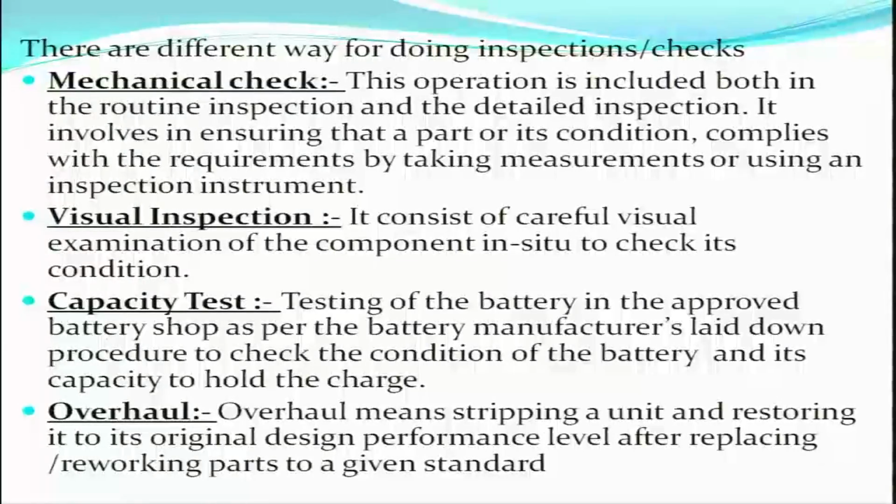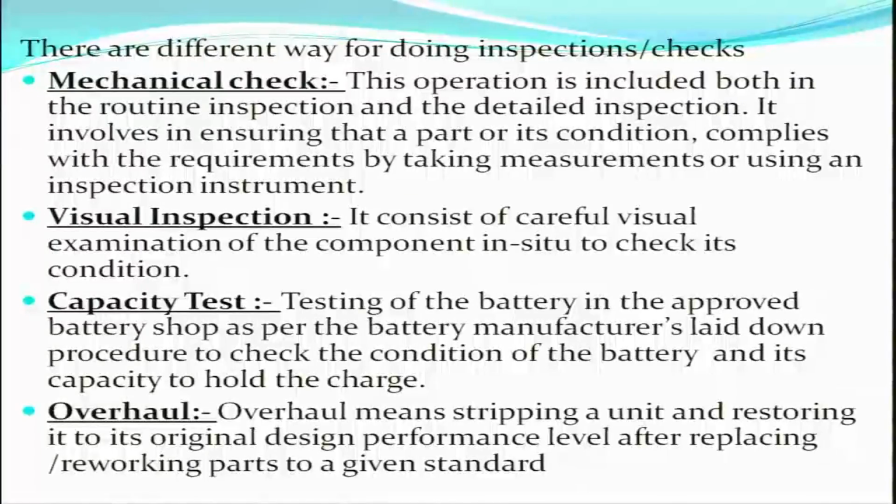Another type of check is the visual inspection. It consists of careful visual examination of the components in situ to check its condition. Now, the components can be checked in situ by doing a careful visual inspection.